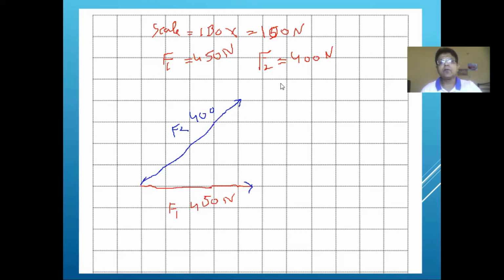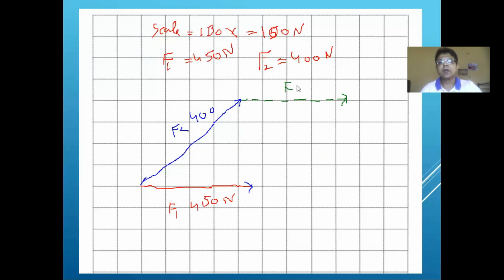I will make again 450: 1, 2, 3 and 4, and then 450 up till here. I will make a dotted or broken line which is parallel to F1. This is another vector which is parallel to F1. This is also my F1.